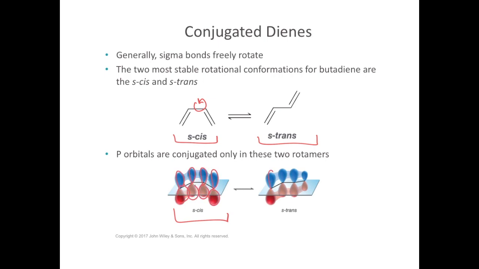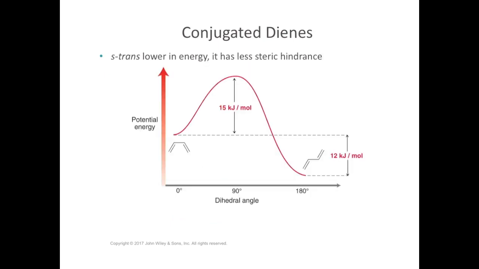With the S-trans, they are also conjugated. So notice how they're all in line and overlapping. P orbitals are only conjugated for butadiene in these two rotamers. In comparing the rotamers, the S-trans is lower in energy because it has less steric hindrance.